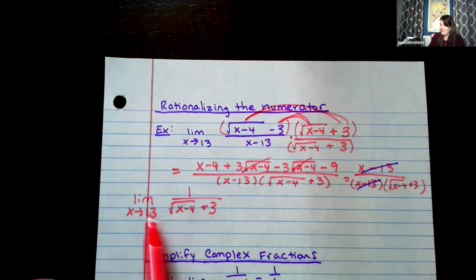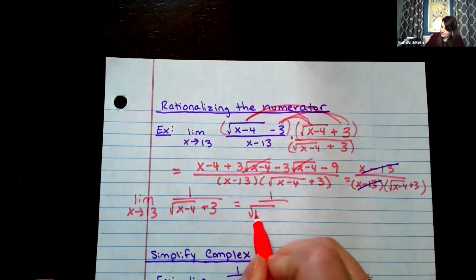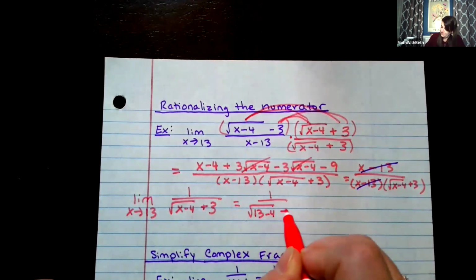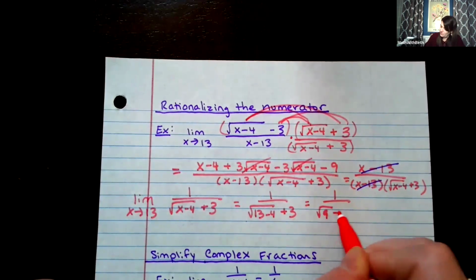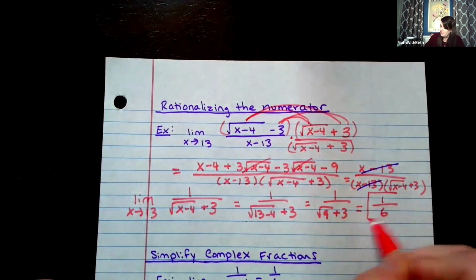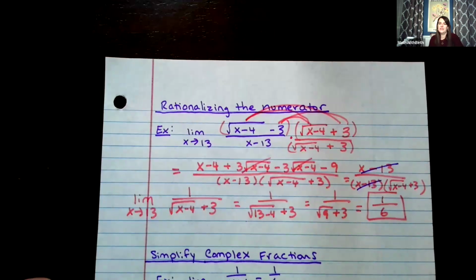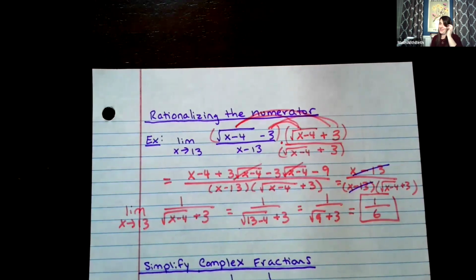So now to find the limit here, I'm going to go ahead and plug in my 13. So I get 1 over the square root of 9 plus 3. Square root of 9 is really 3. So I get 1 over 3 plus 3, which is 6. So that is our second strategy, rationalizing the numerator when there is a square root in the numerator. Having trouble saying that word.